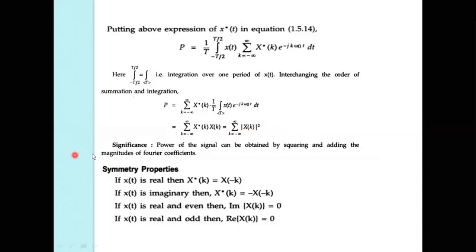So the significance of Parseval's theorem is that the power of the signal can be obtained by squaring and adding the magnitudes of the Fourier coefficients. That is the significance of Parseval's theorem.